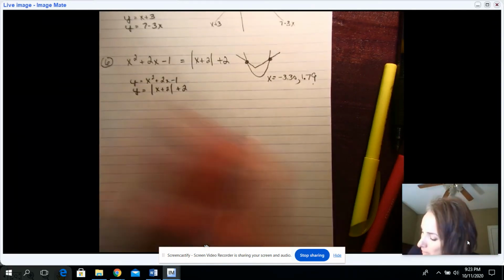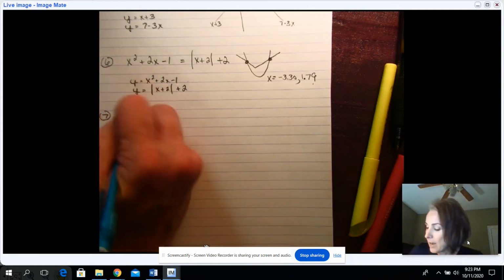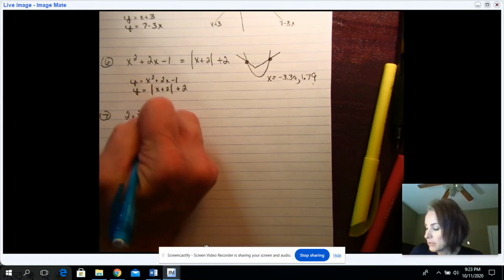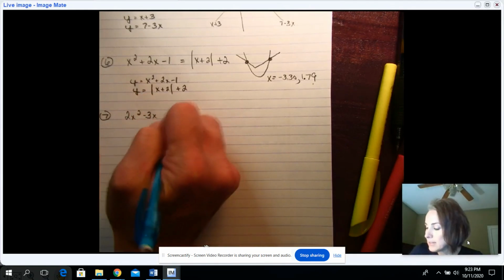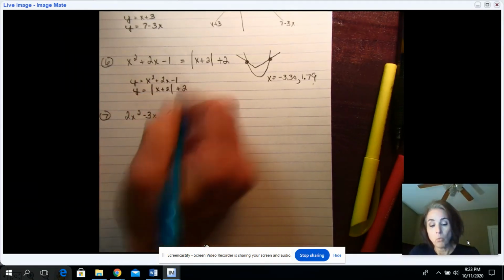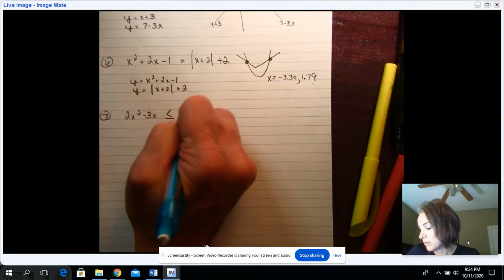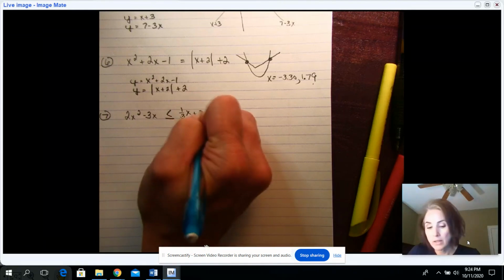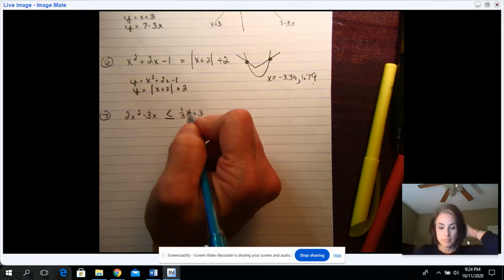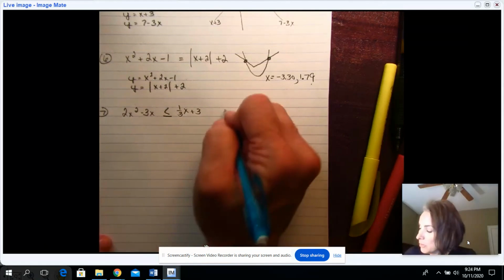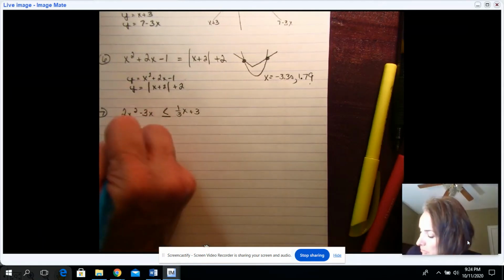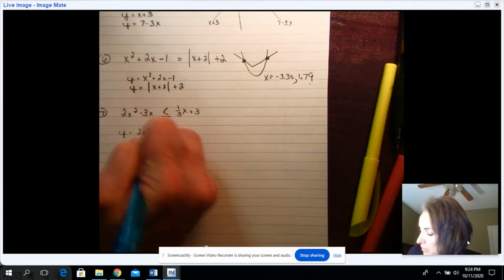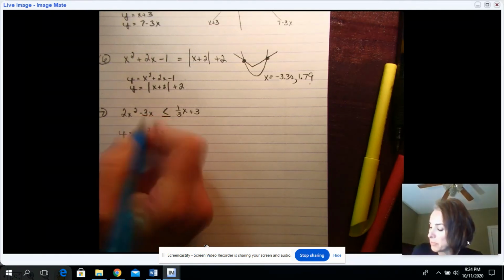Okay, one last one. Number 7, if you have 2x squared minus 3x, when is that less than or equal to 1/3 x plus 3? All right, so if we were to put this in Desmos, y equals 2x squared minus 3x, I know that's a positive parabola.